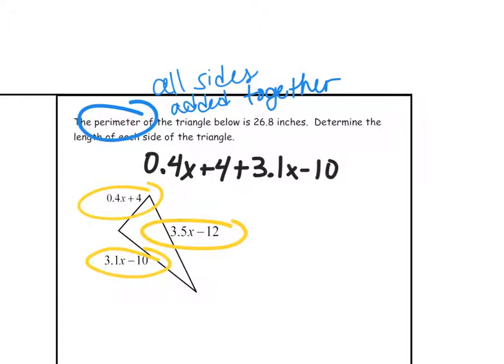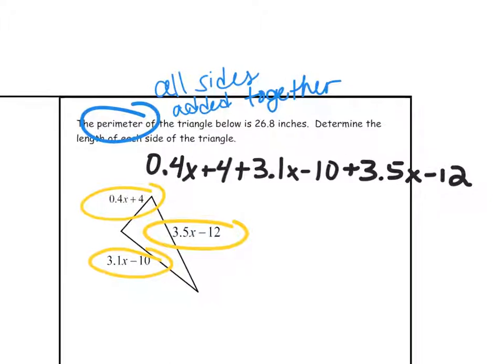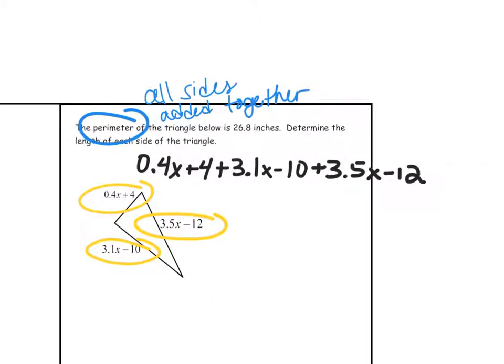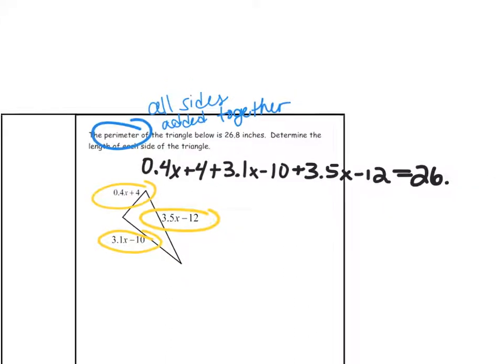I also have to add it to my third side, because I'm adding up all the sides together to get the perimeter. We know the perimeter is equal to 26.8, so that equation is equal to 26.8. For those of you who worked on 3.8 yesterday, this is very similar to what you saw.